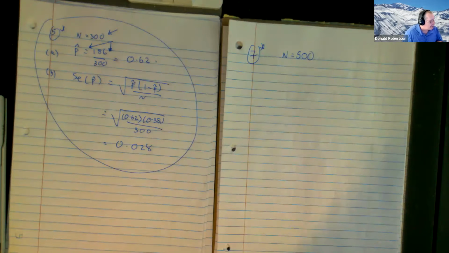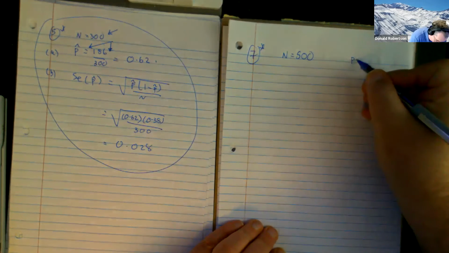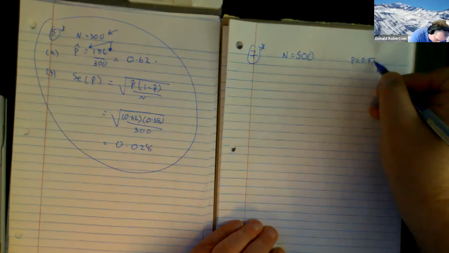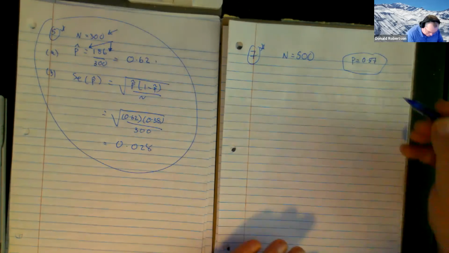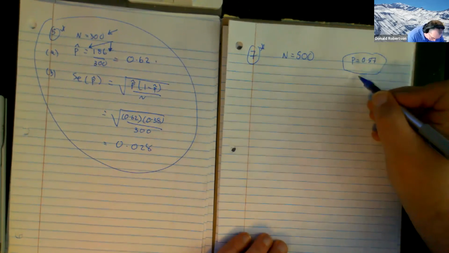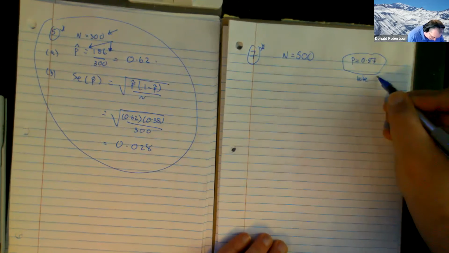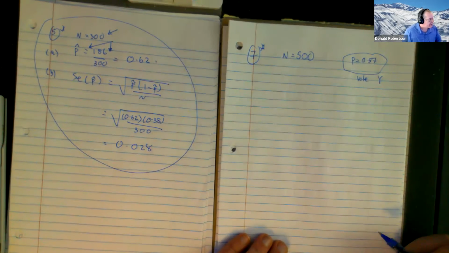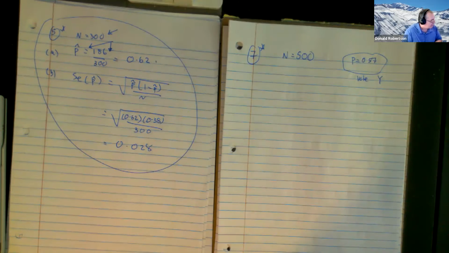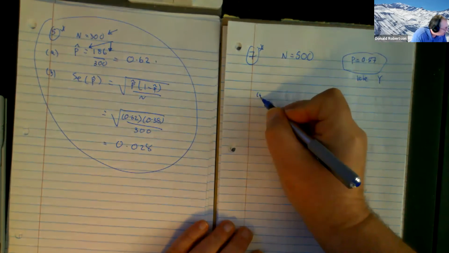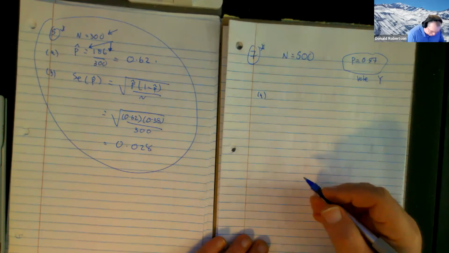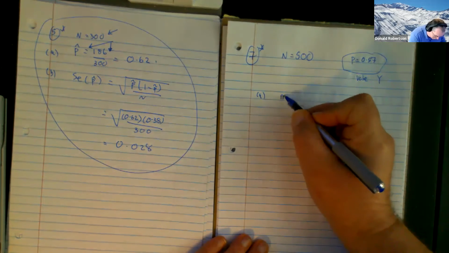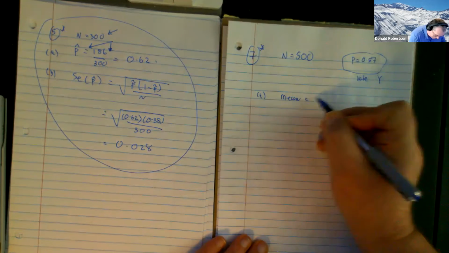Although it's not known by the polling organization, P is 0.56. So I don't know how they did that, but evidently they found out that 57% of the people are going to vote for the guy. And they take a sample. Question A says, give the numerical value of the mean of the sampling distribution. Well, won't the mean be that guy?